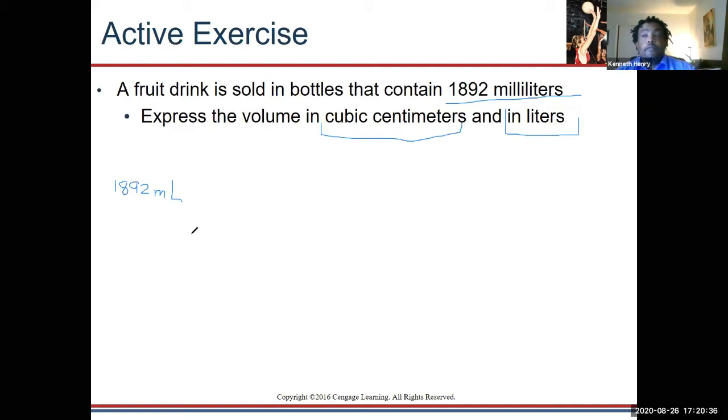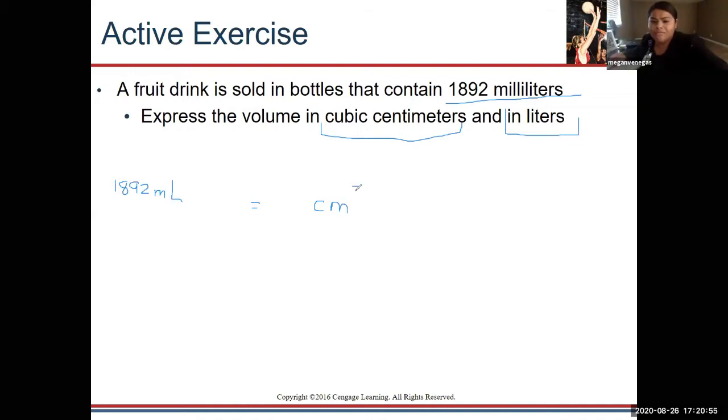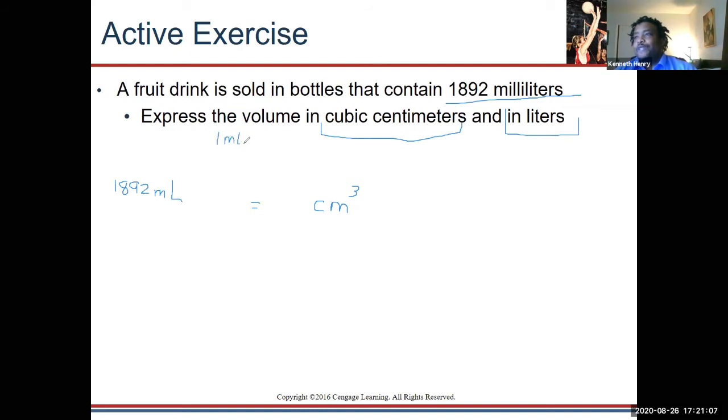We ultimately want to get cubic centimeters. What is the equivalency for cubic centimeters to milliliters? Is that on the conversion sheet? Cubic centimeters to milliliters, 1. That's right. 1 ml equals 1 cubic centimeter.